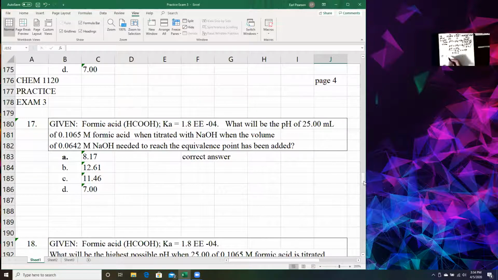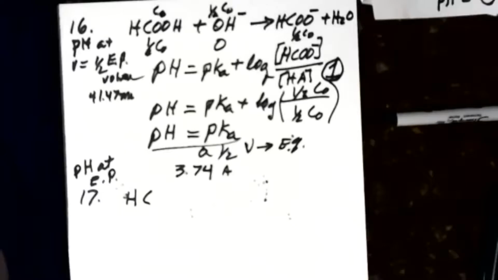Now, again, here's what we're going to do. We're going to do the same reaction, pH at equivalence point. Let me pull the screen up so you can see my pad better.